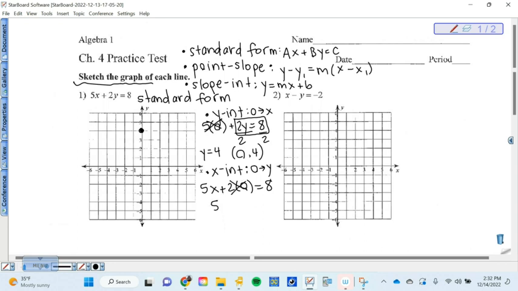So 5x then is going to equal 8. So how do I solve for x? Divide by what? Yeah, so the 5s cancel out. And 8/5 is 1.6. 1.6 is in between 1 and 2 somewhere. So I'm going to put a little point right there.